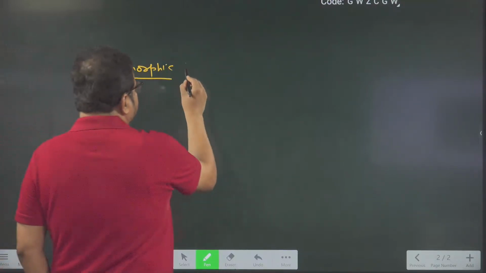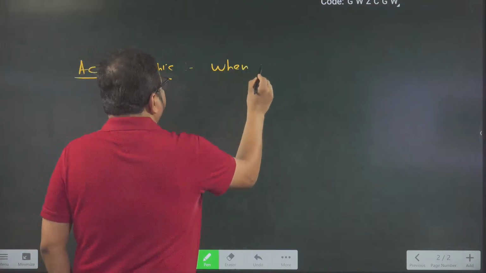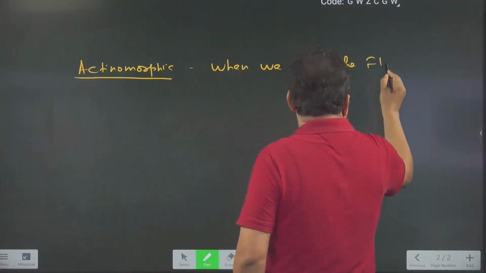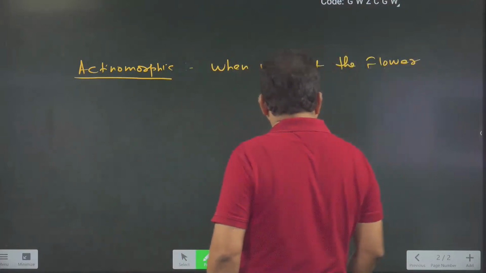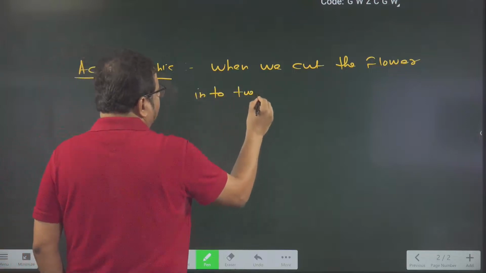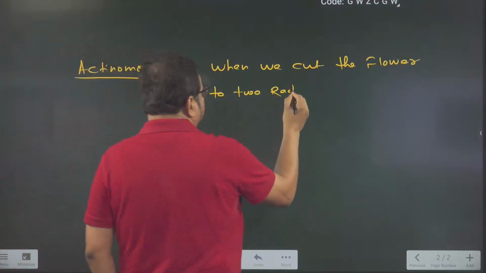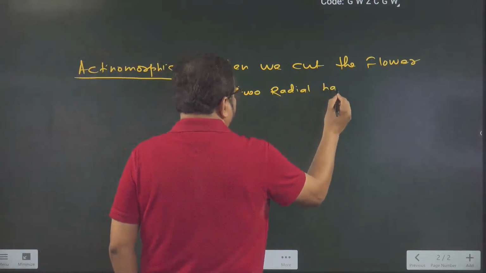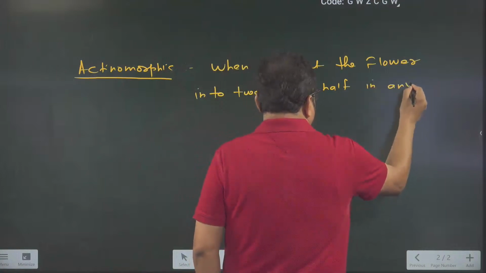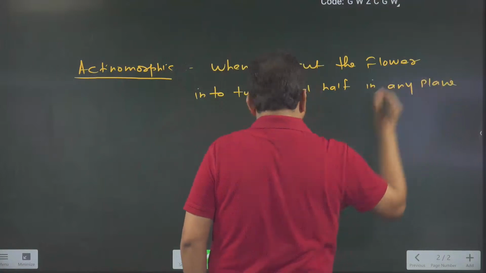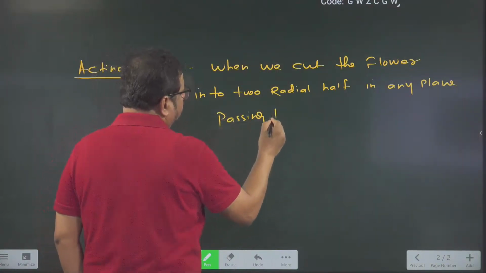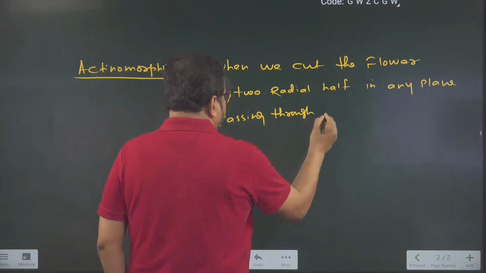So actinomorphic is what basically when we cut the flower into two radial halves, in any plane passing through the central axis.